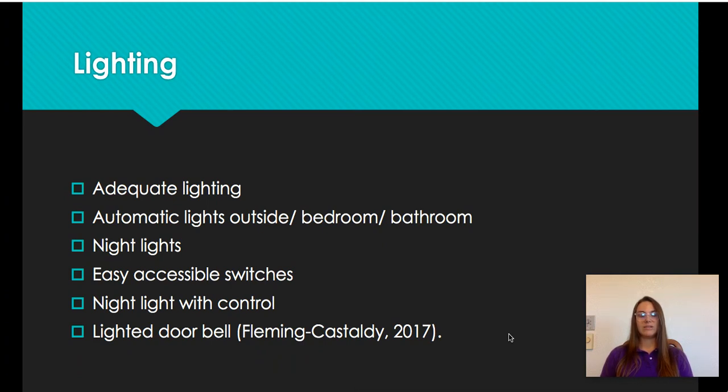Make sure the switches are easily accessible. So you can get a remote control. You can place the lamps closer to you so it's easier to reach, such as the night lights with control. And another thing you can do is have a lighted doorbell so you can see where the doorbell is.